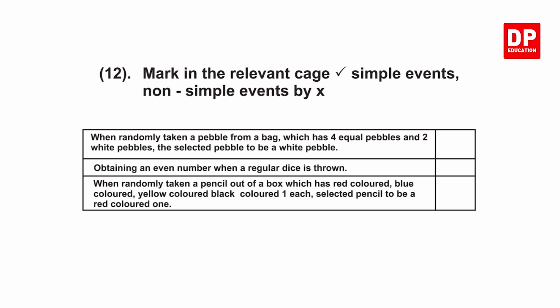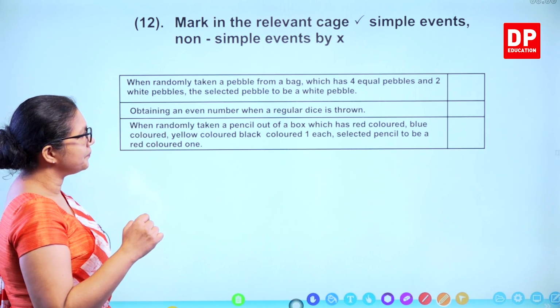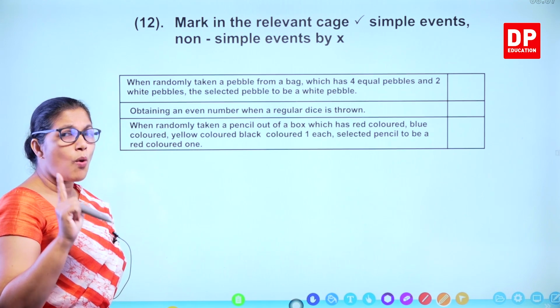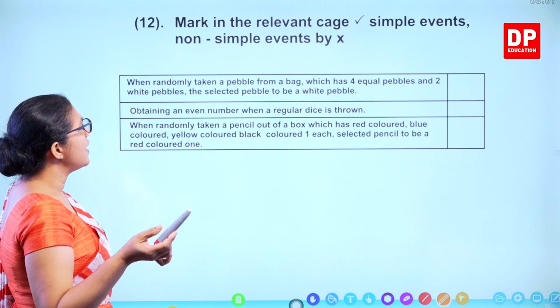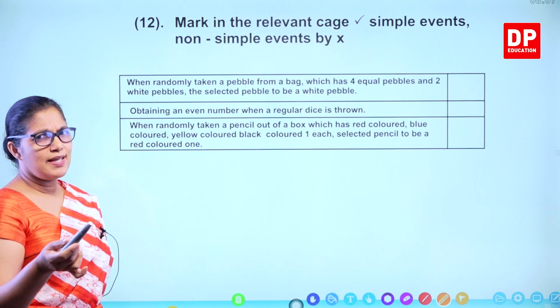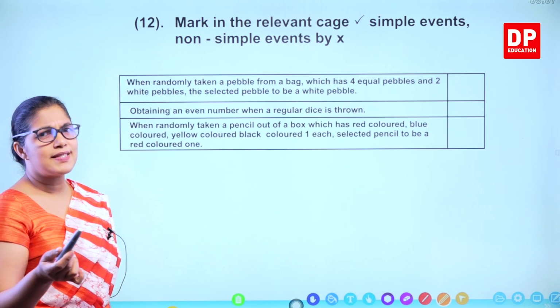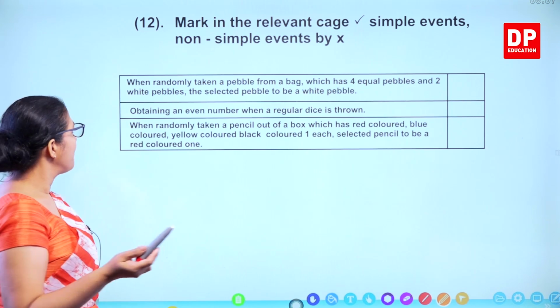Question number 12. Mark in the relevant cage correct sign for simple events and non-simple events by cross mark. So what are simple events? When you get one element, one outcome, you say that's a simple event. More than one outcome you are getting, that's a non-simple event, compound event.